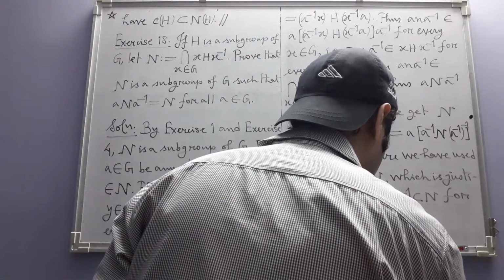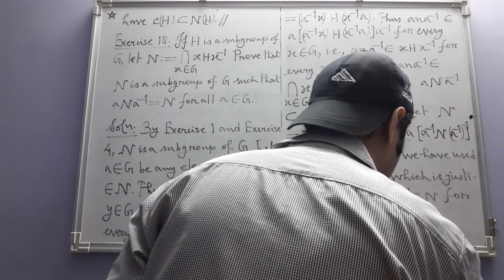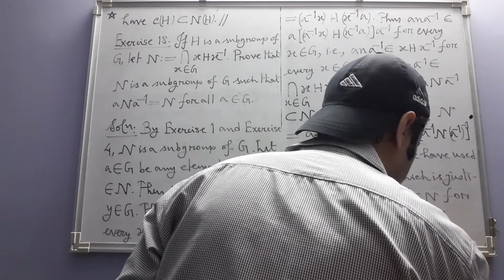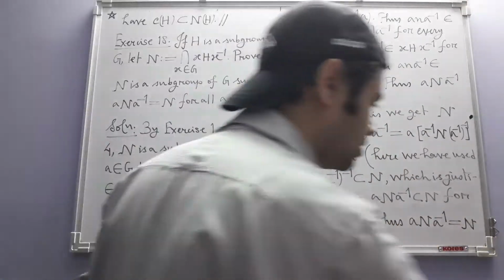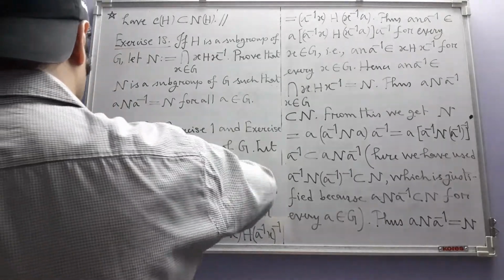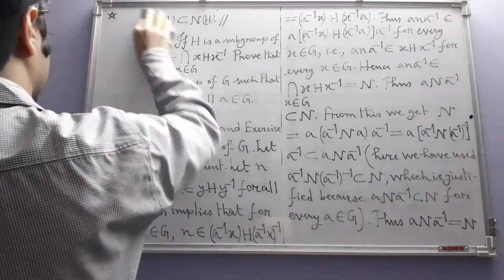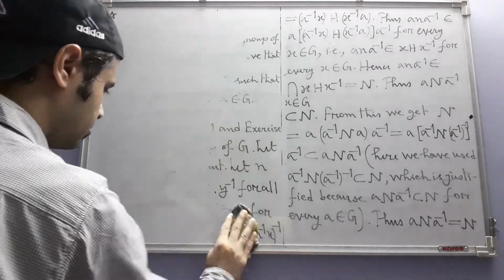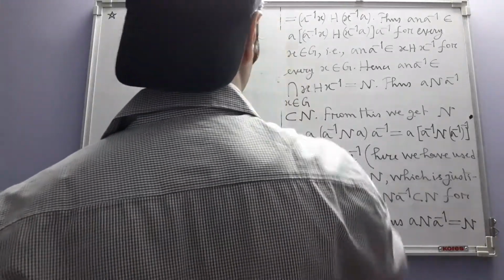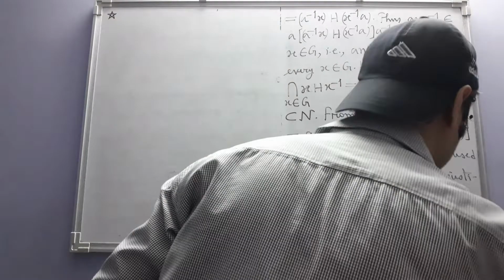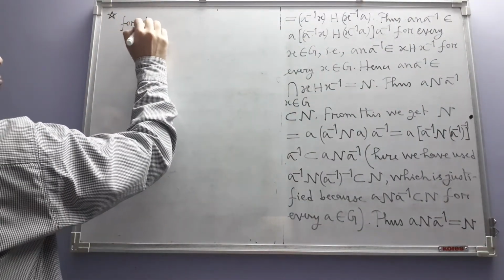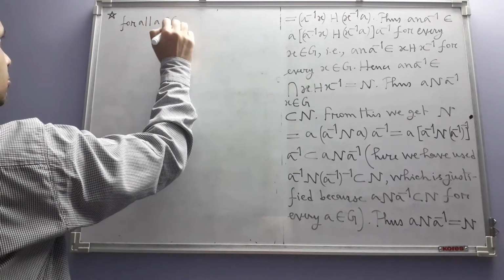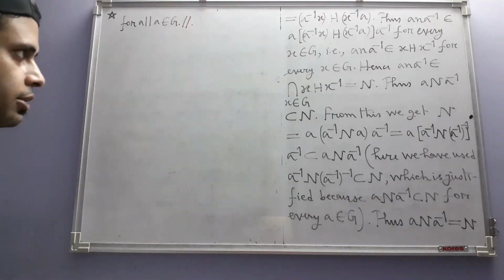So they are equal. Thus A N A inverse is equal to N, and already A was arbitrary. So we can add the phrase for all A belonging to G. And this completes the solution.